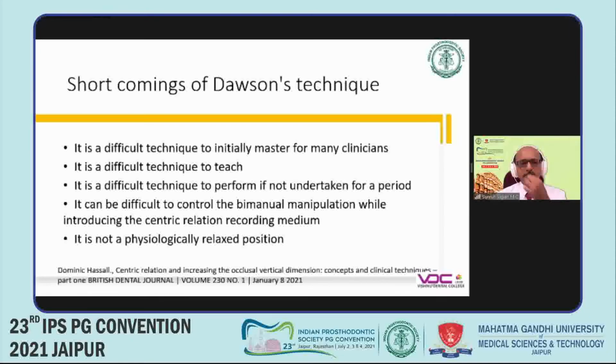So that is why they said it is difficult. They also commented it's not a physiologically relaxed position, because we are trying to position the mandible. Afterwards, the patient may or may not really use that position during normal function. That is what they said.